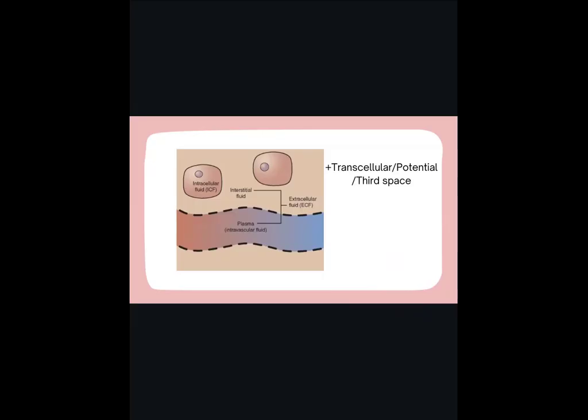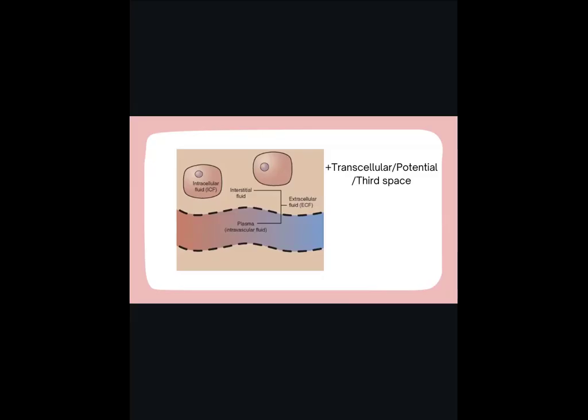So if cells are being destroyed, you're going to have high potassium in the bloodstream. For example, if you are doing chemotherapy and you destroy a tumor, which has a lot of cells, your potassium in your blood will go way up because there's so much potassium in the cells. So think potassium intracellular, sodium extracellular.